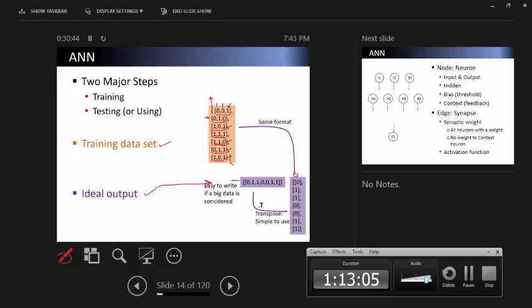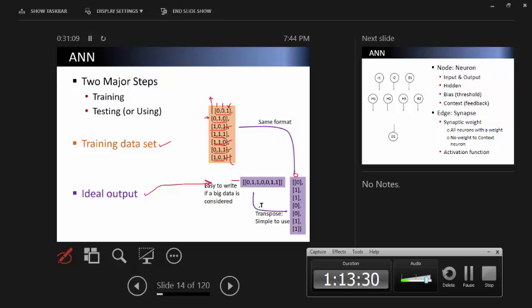By doing that, it is trained. You can think of this as a 2-dimensional array, right? So input 1, input 2, and bias all together: first row, second row, third, fourth.